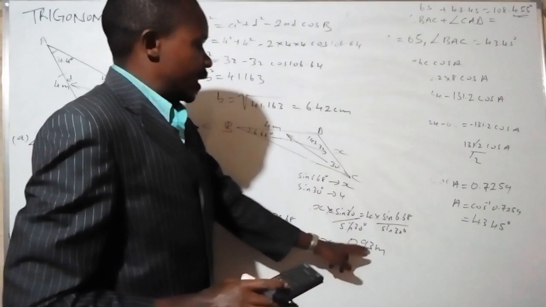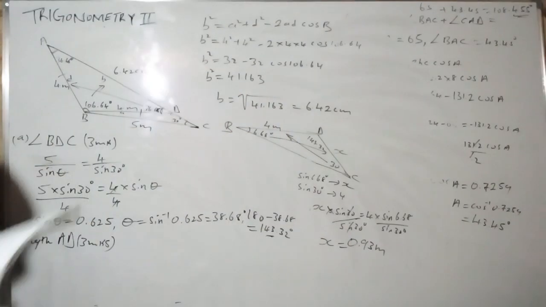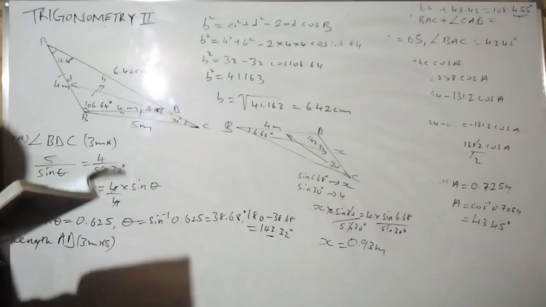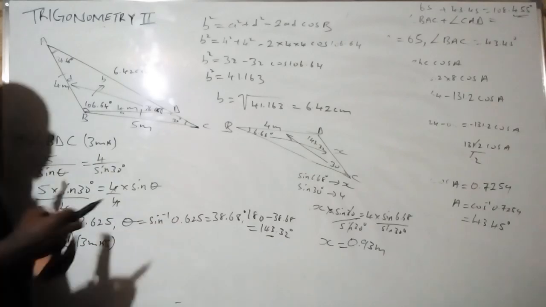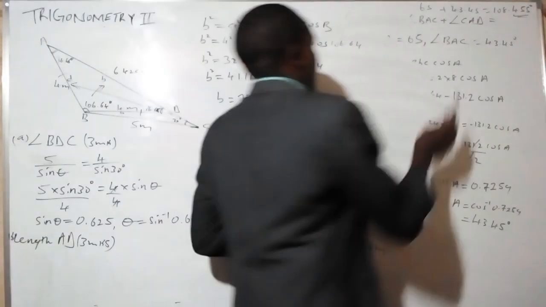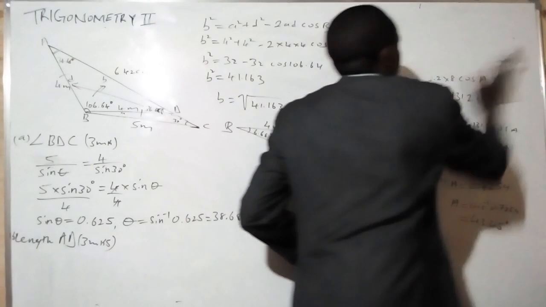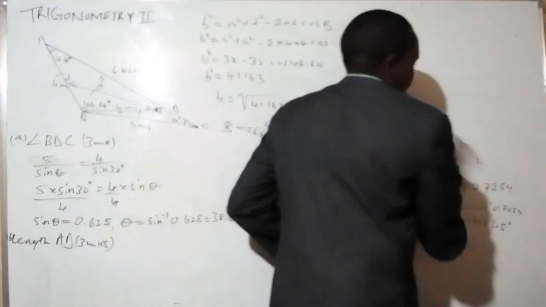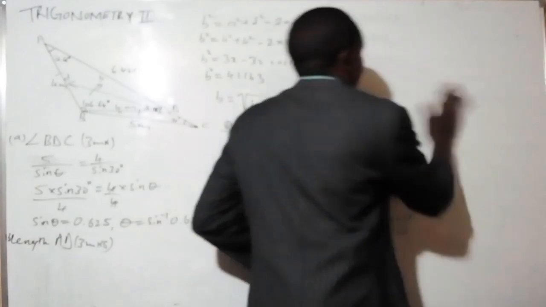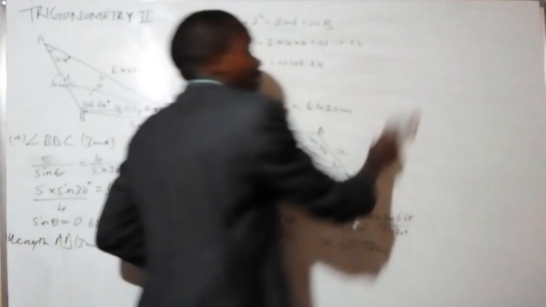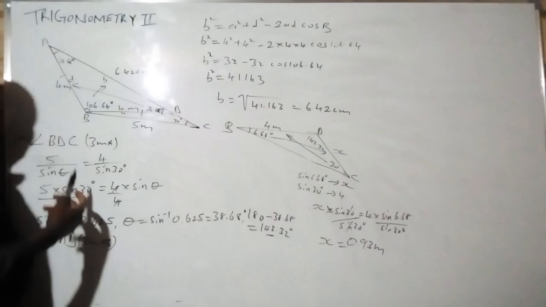That is DC. Then after that, the area of the flower garden ABC, the area of the whole of this. Again, you can compute that. Find the total area. First of all, you are going to get that of ABD.